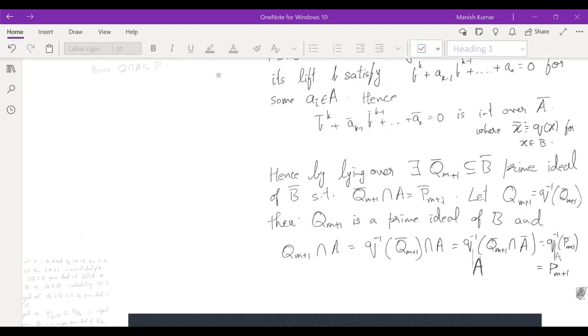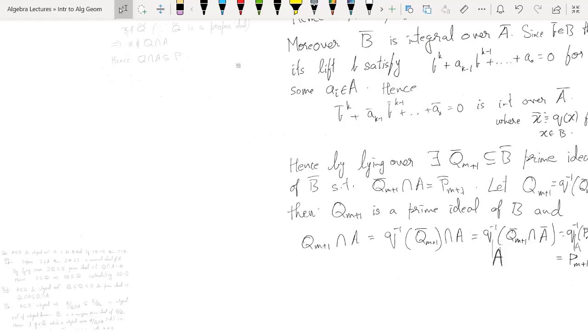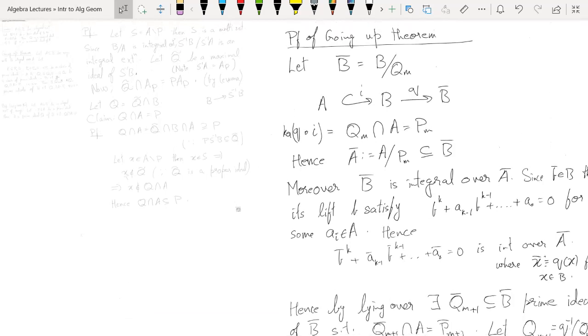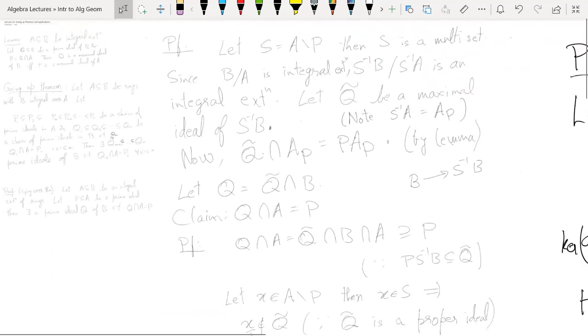Okay, so the crux of the matter is in lying over, and going up is just an induction step. Or rather, going up is the result of induction. Lying over is the induction step. And for lying over also, the crux of the matter is that intersection of maximal ideal. So under integral extension, maximal ideal contracts to maximal ideal.